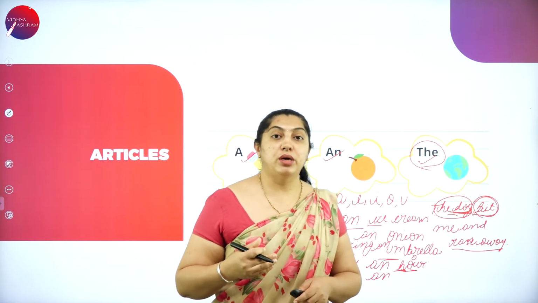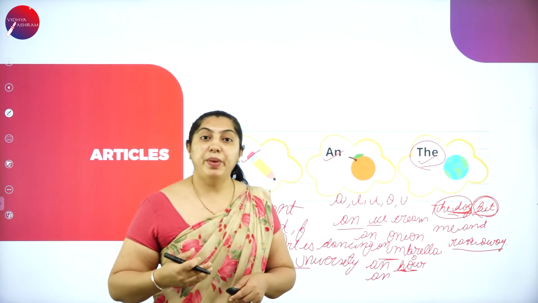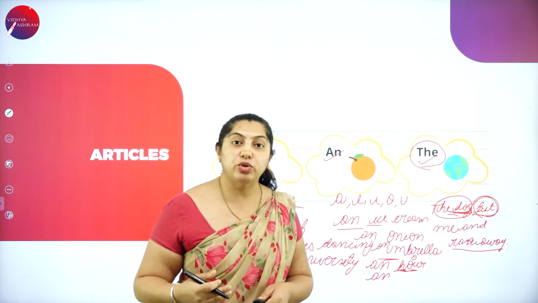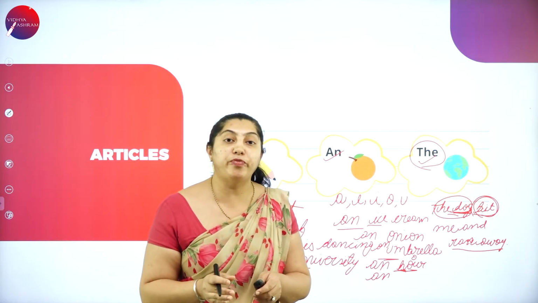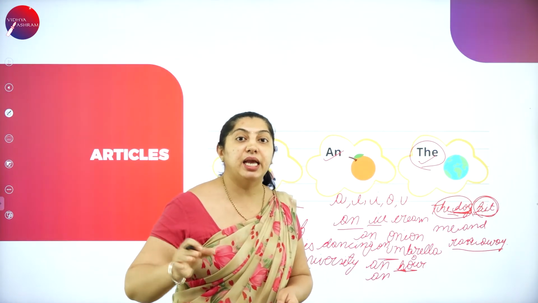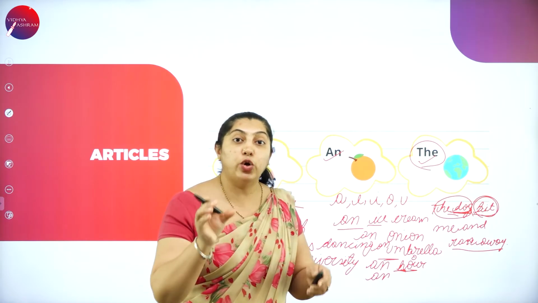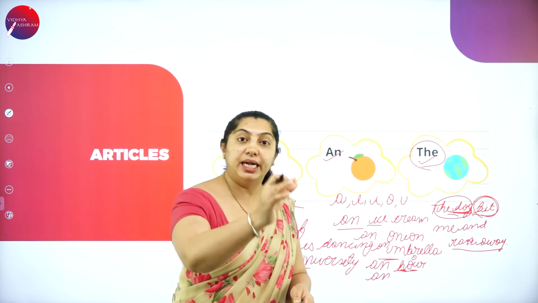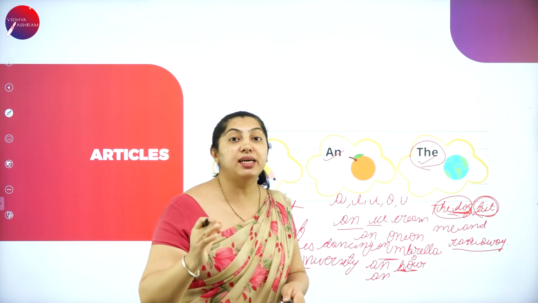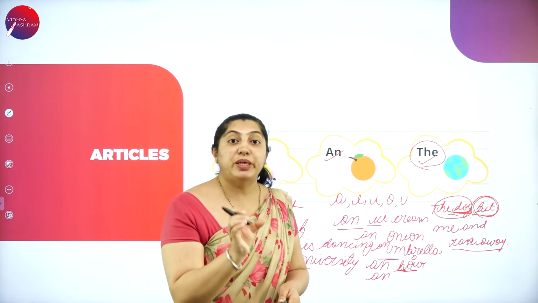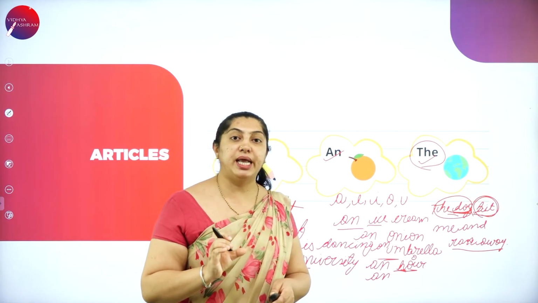Not only before singular words, we also use the article before plural nouns. Now it is a group of people. The girls are dancing. So I'm just specifying a group of girls. The girls are dancing there, or the class 10th girls are dancing. I'm just specifying which class students are dancing.